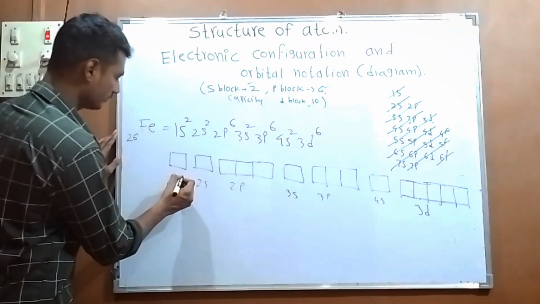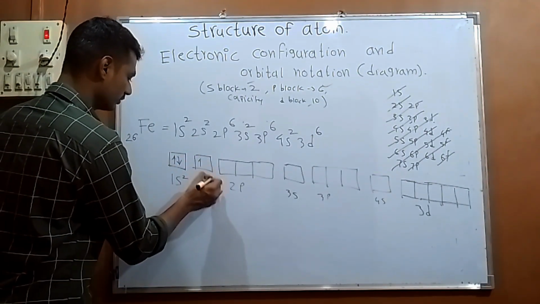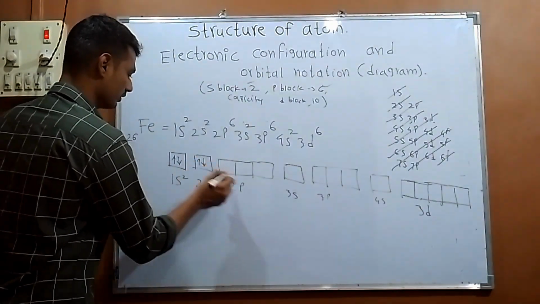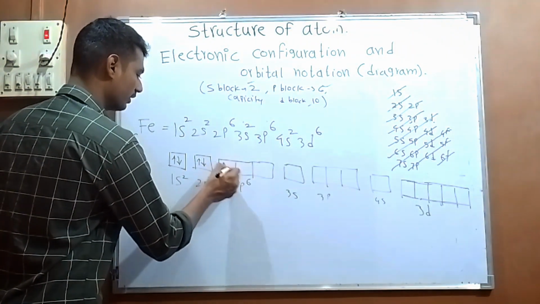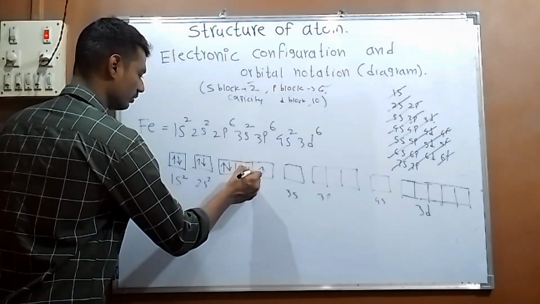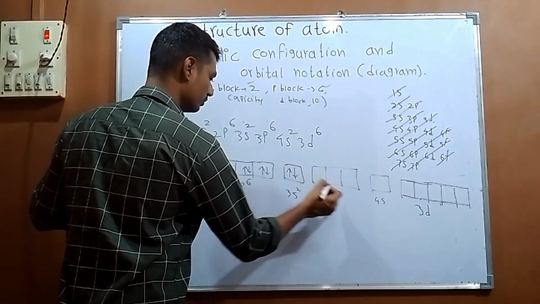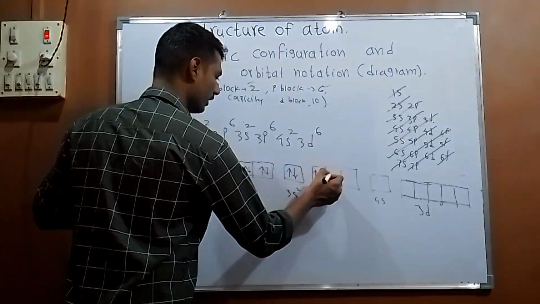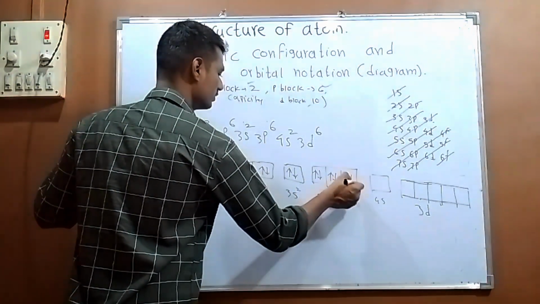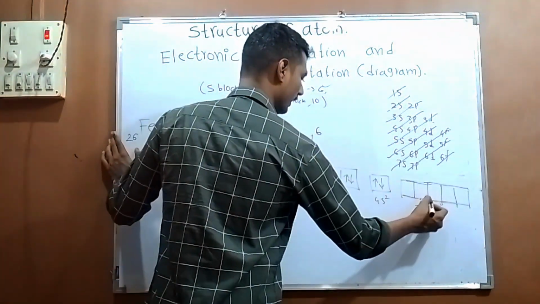Now 1s2, so 2 electrons are there, 1, 2. 2s2, again 2 electrons. Then 2p6. How will they be filled? 1, 2, 3, and then they will pair, 4, 5, 6. Then 3s2, 1, 2, 3p6, again 1, 2, 3, 4, 5, 6. Then 4s2, 1, 2, and then 3d6.